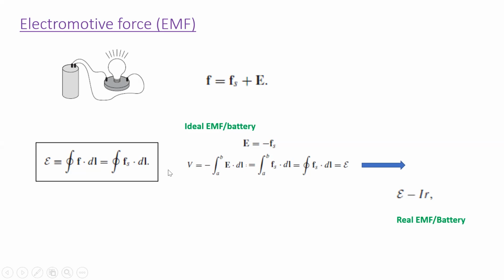So we have an ideal battery with the voltage difference equal to the EMF, and a real battery with a voltage difference a little bit less than the EMF as we have defined it here.